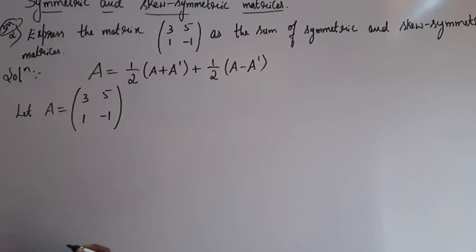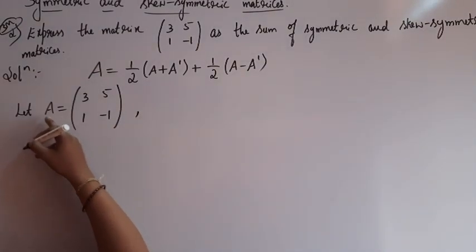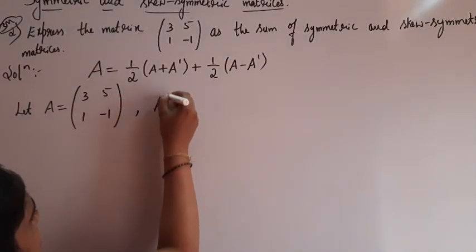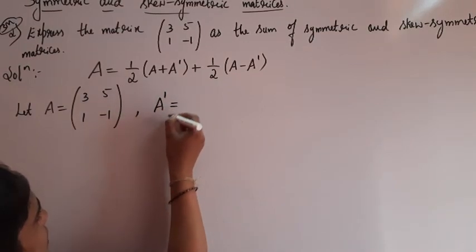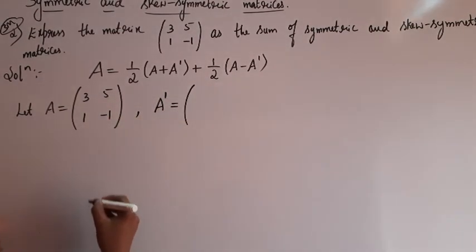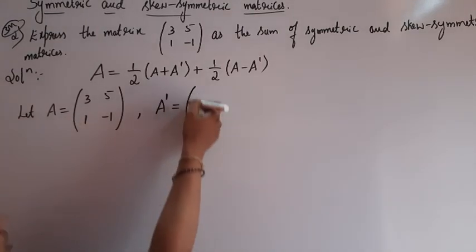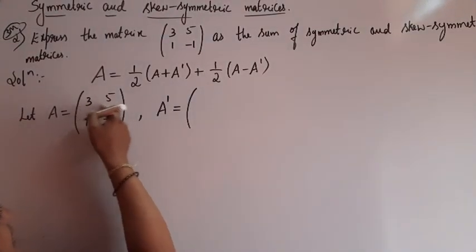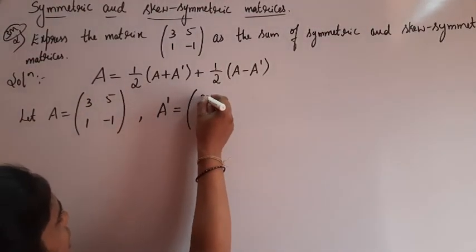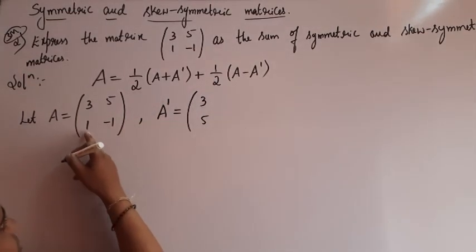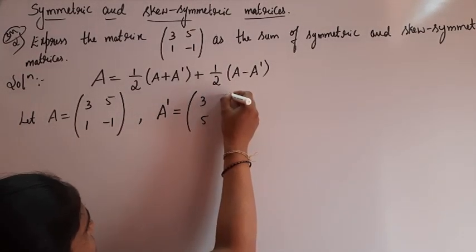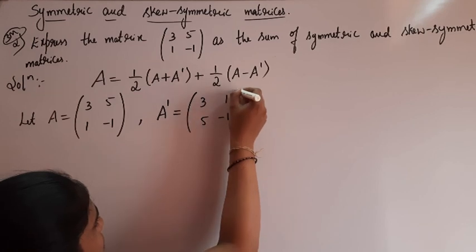Now let us write the transpose of this matrix. What is the transpose of A? That is A dash, A transpose, and the definition of transpose means interchanging rows into columns. The first row is 3, 5, so we change it to the first column 3, 5. The second row is 1, minus 1, which changes to the second column 1, minus 1.